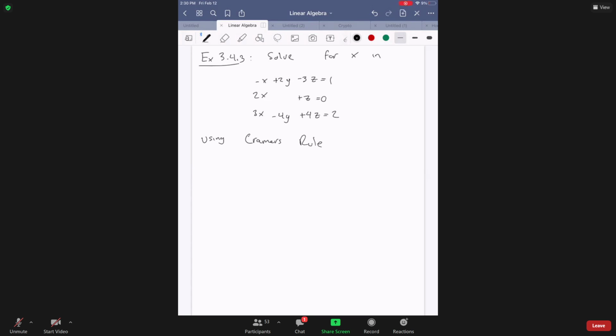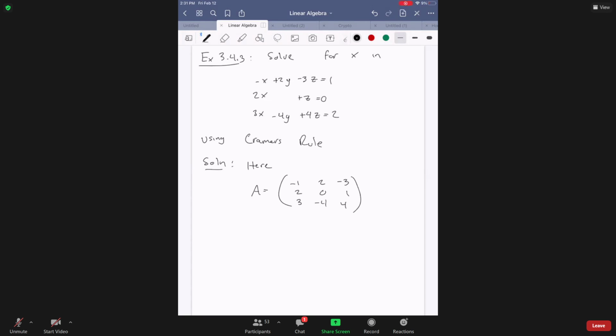This is how you do it. You identify your coefficient matrix A. So here, A is equal to -1, 2, -3, 2, 0, 1, 3, -4, 4. What is your A1?